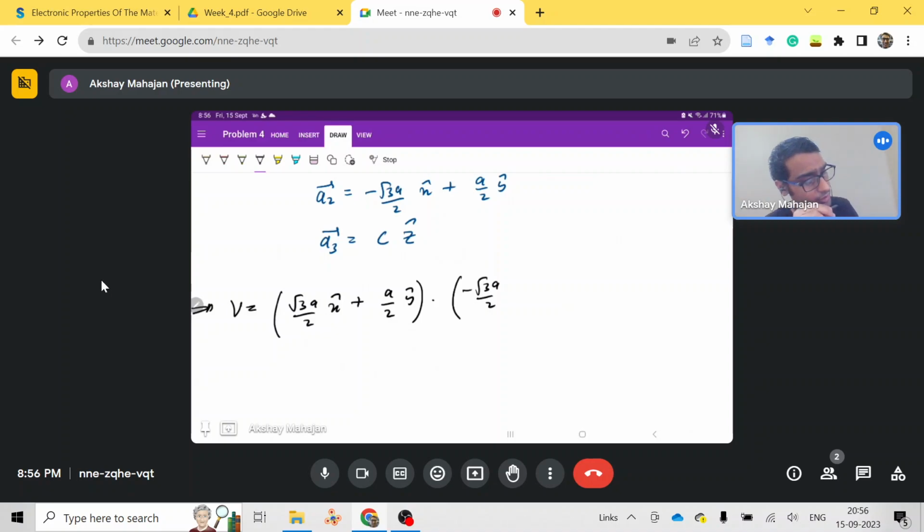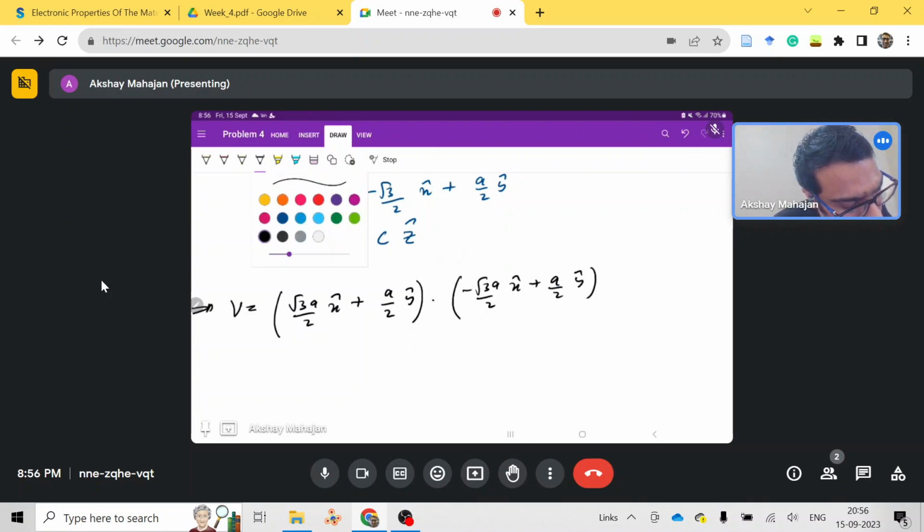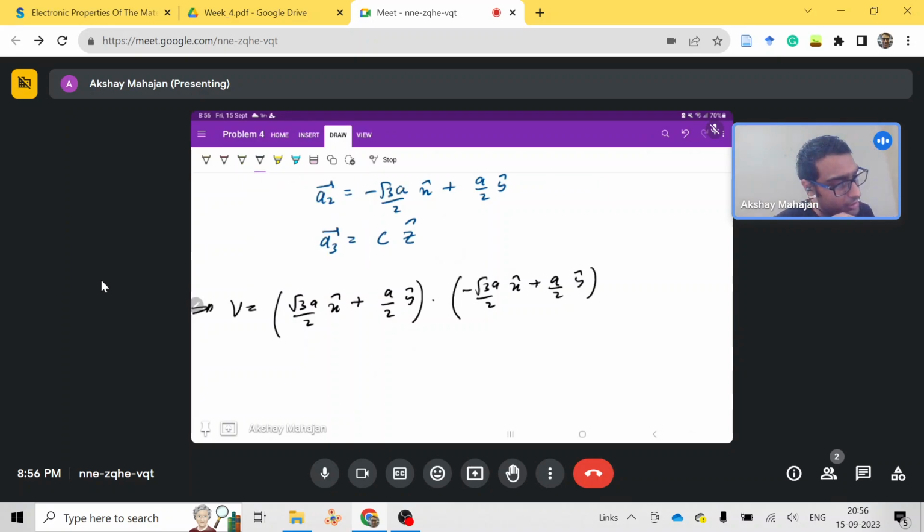Now E2 vector is minus root 3 A by 2 x cap plus A by 2 y cap, okay, this E2 vector cross E3 vector, which is C times Z cap. Okay, so this is what we have to solve.